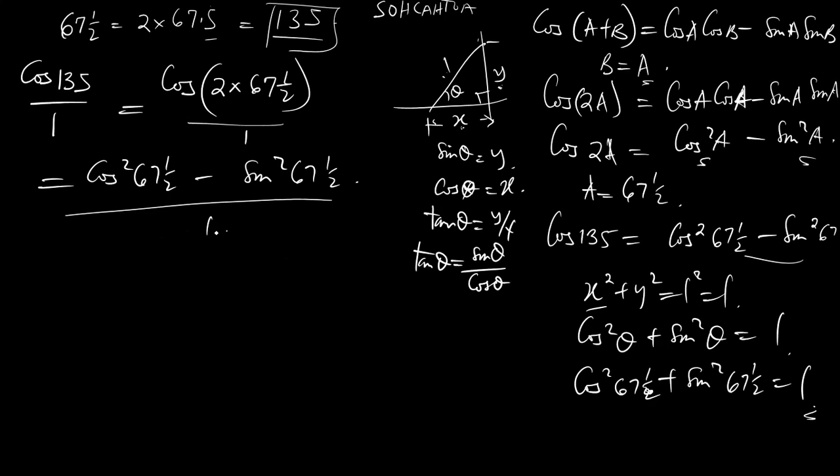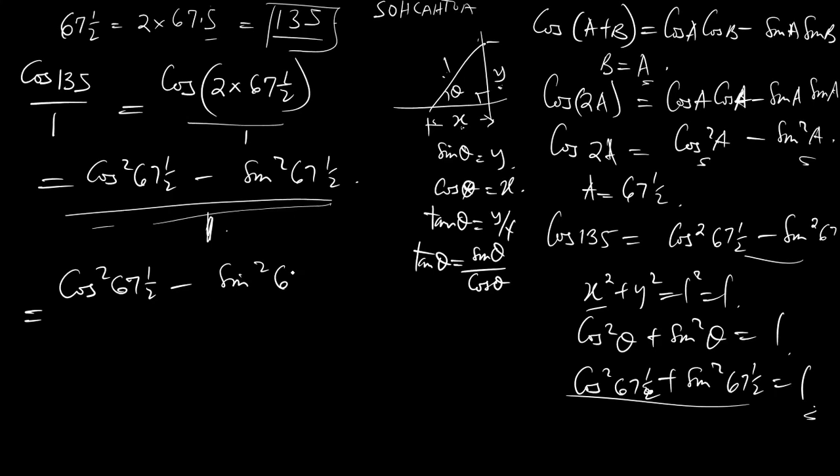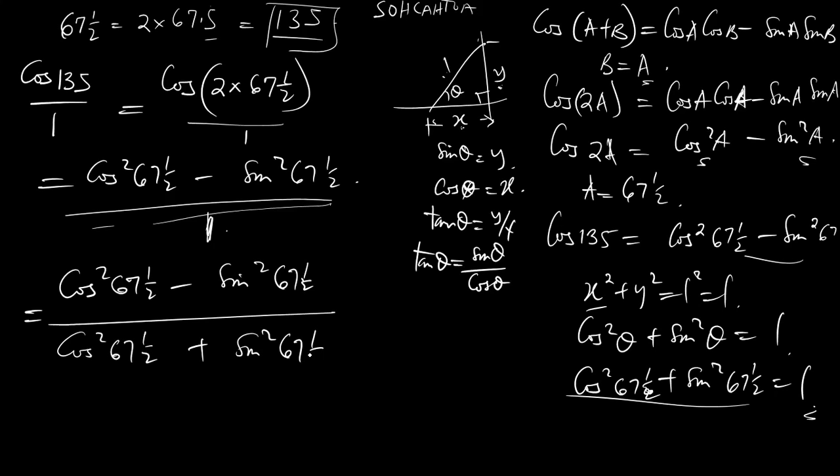So now let's replace this 1 here with this value. So we now have this equal to cos square 67.5 minus sine square 67.5 divided by cos square 67.5 plus sine square 67.5.